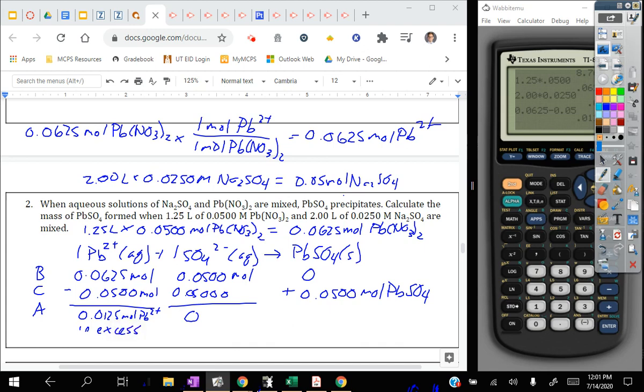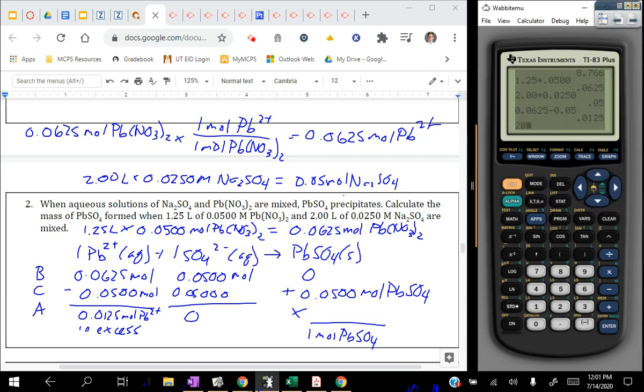Remember our good vocabulary. All right, and now we can multiply by our molar mass, 1 mole of lead sulfate, and then we need to figure out our molar mass of lead sulfate. So lead has a mass of 207.2 plus 32.07 for sulfur, and then 16 times 4 for your oxygen.